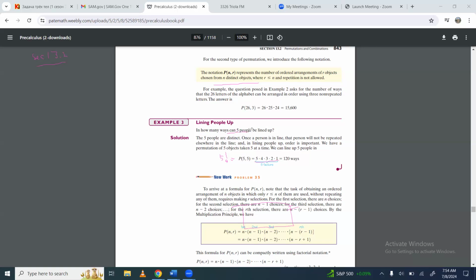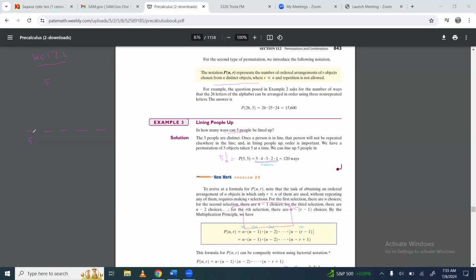So what they're talking about in this example: how many ways can you line up 5 people? Out of 5 people, you can choose for the first position in a line any one of these 5, right? So you can select the first person, or the second person, or the third, and so forth, or the last one.